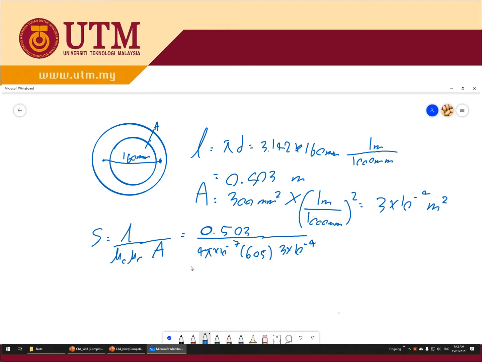Using your calculator, you have to calculate this value. Make sure you press your calculator correctly.